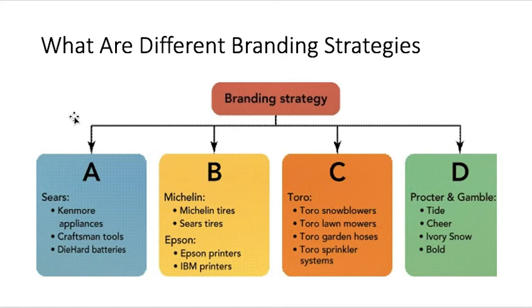Then you have multi-branding, such as Procter & Gamble, and this is where companies give each product a distinct name when the brand is intended for a different market segment. So you have Tide, Cheer, Snow, Bold.